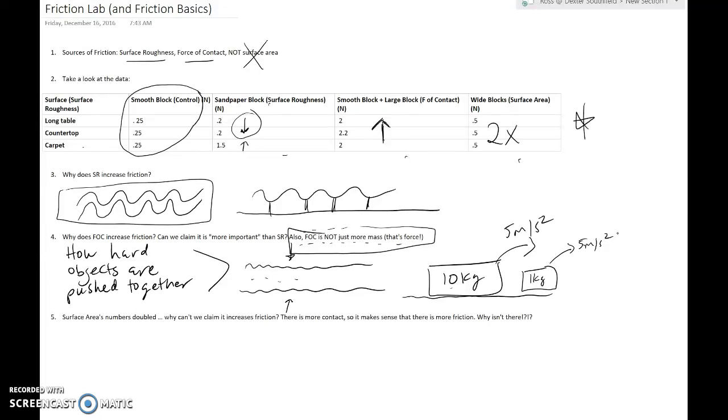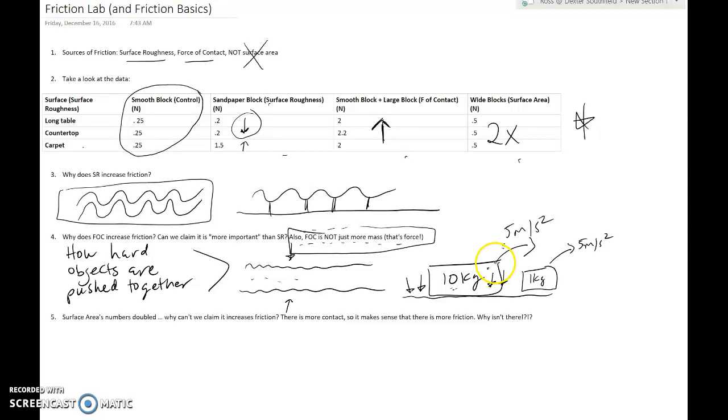If we want to talk about force of contact, we're talking about in addition to the 50 newtons that it would take to accelerate this box to 5 meters per second squared, we're also talking about the weight that is pulling down due to gravity and making this box and this surface texture, this surface roughness, closer together. So the hills and valleys are now closer. Those hills and valleys are now slamming into each other more.